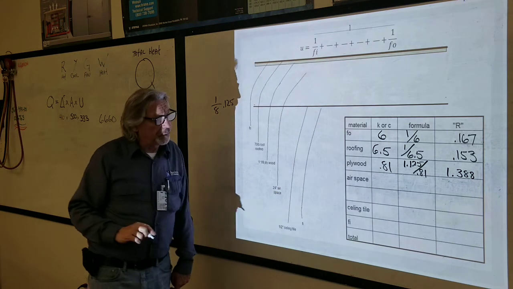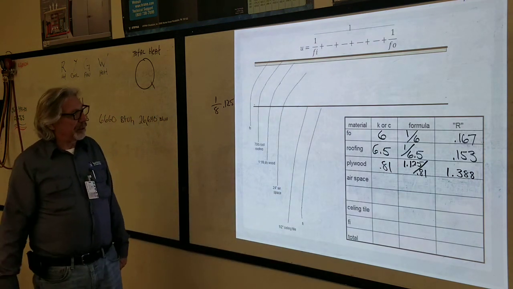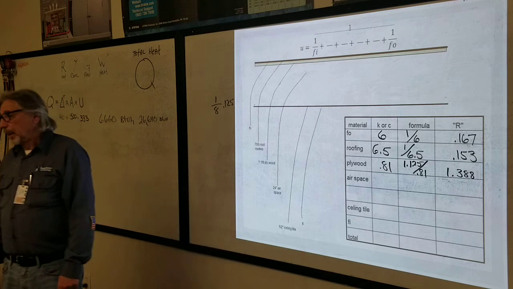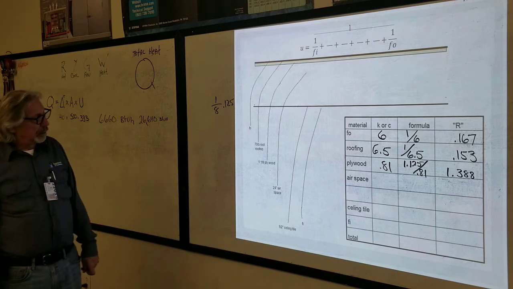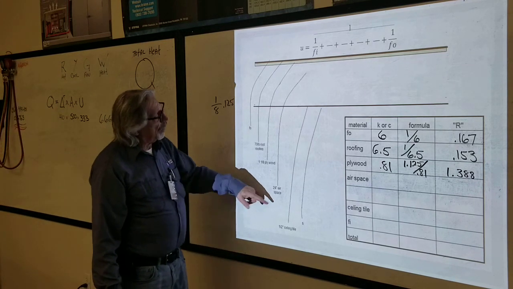Okay. Look, we got another airspace. So we got 24 inches of airspace.